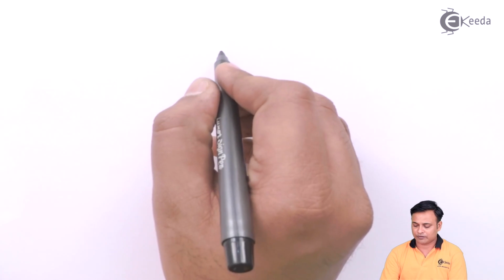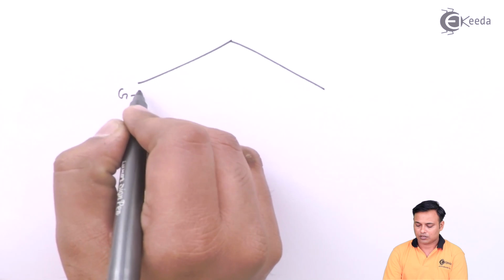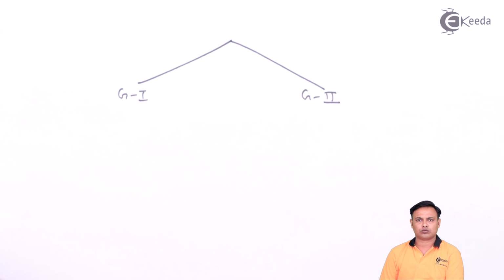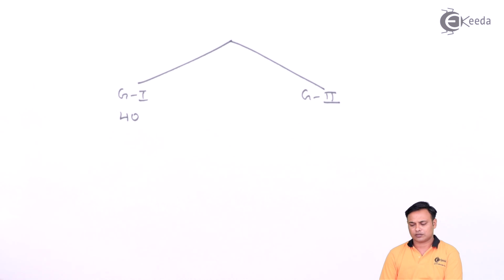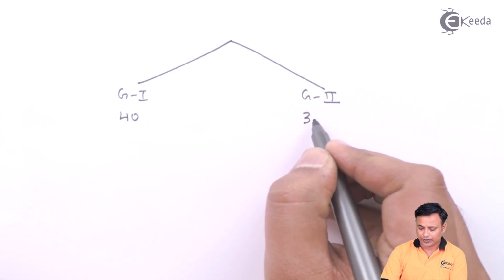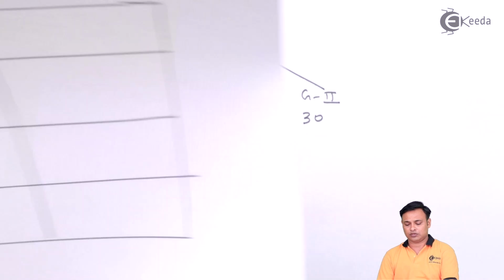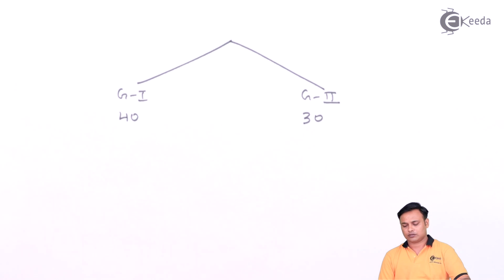Now we have two types of inspectors, grade 1 and grade 2. A grade 1 inspector has a speed of 40 inspections per hour. Grade 2 has a speed of 30 inspections per hour. This was the inspection rate that was tabulated by us, 40 and 30.